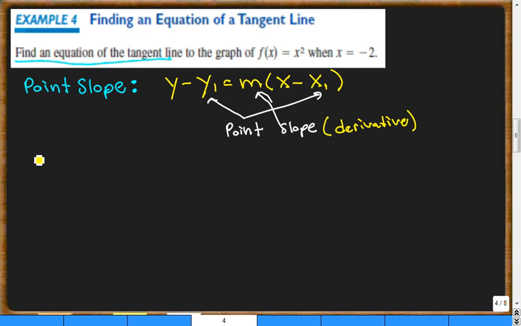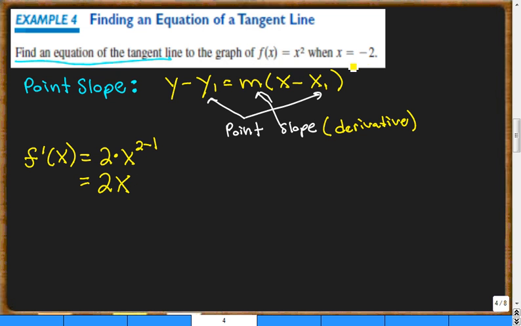So we're going to get f prime of x. And now the function is x squared, okay? So this is going to be 2 times x to the 2 minus 1, which is the same thing as 2x. So we've got our derivative. So now what we need is to find our slope at that point.